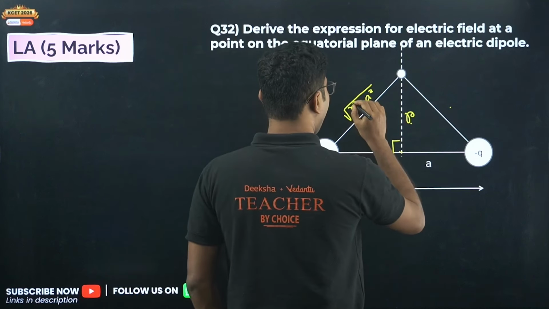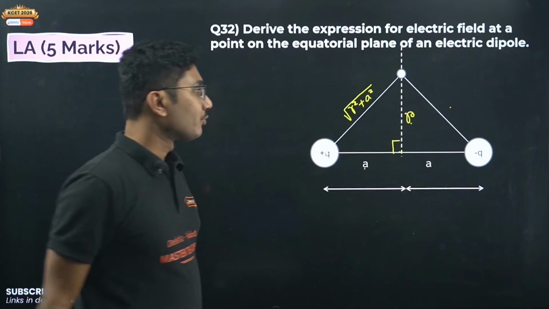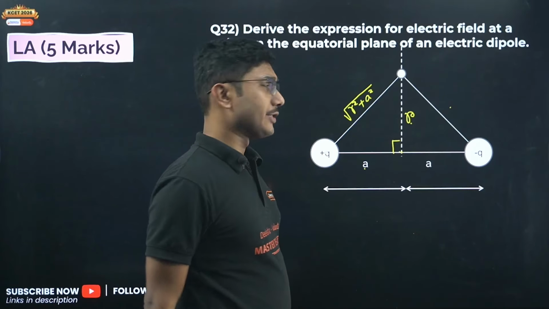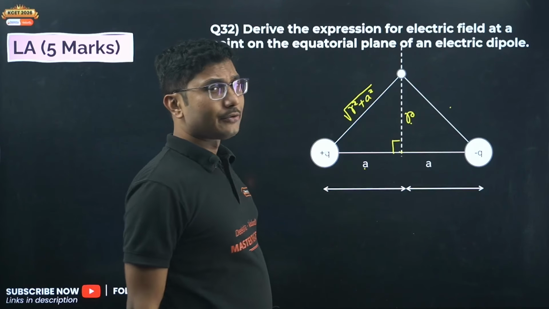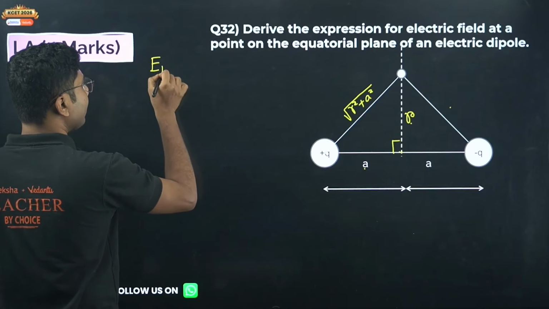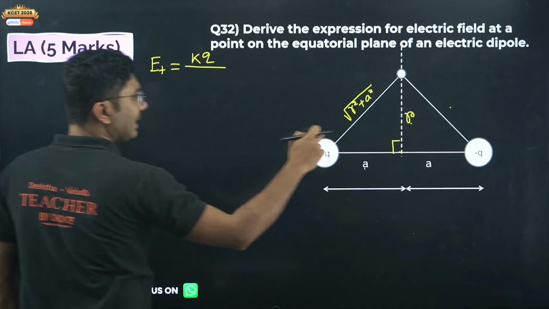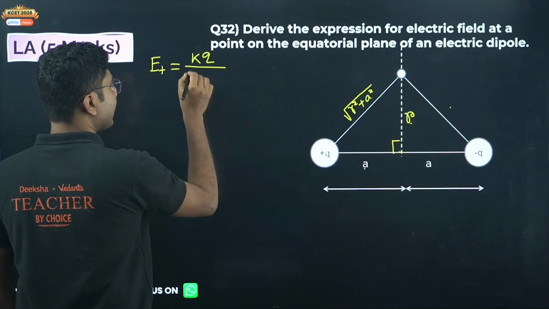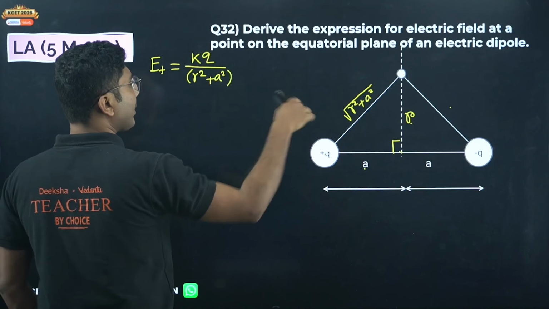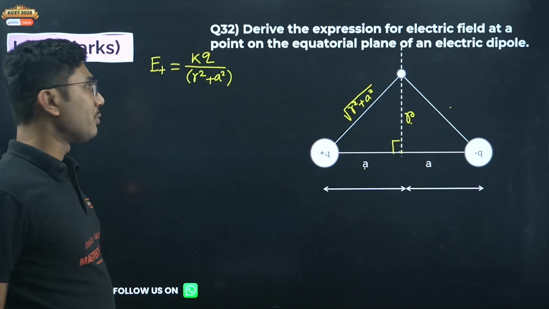Both will have the same distance. Now let us consider this positive charge. So what will be the electric field due to this positive charge? Electric field due to the positive charge will be k q by this distance square, that is the square root of r square plus a square, squared. The square root and square cancel each other, so the electric field is kq by r square plus a square.